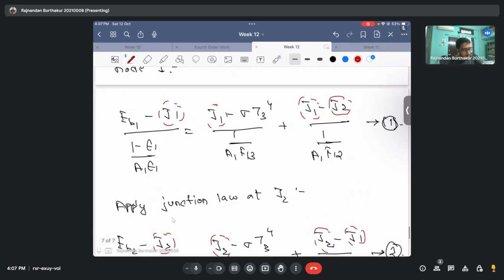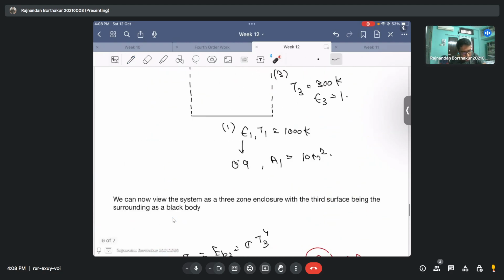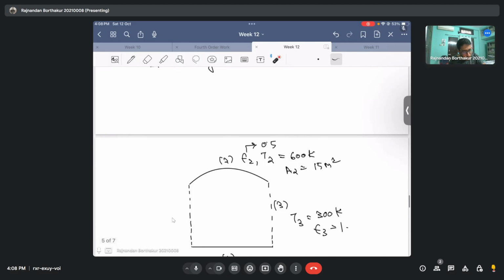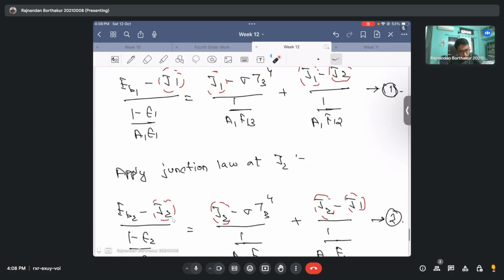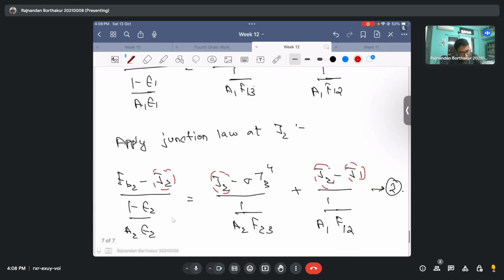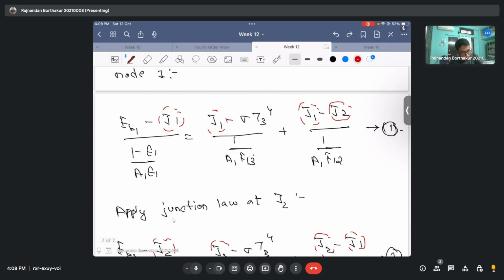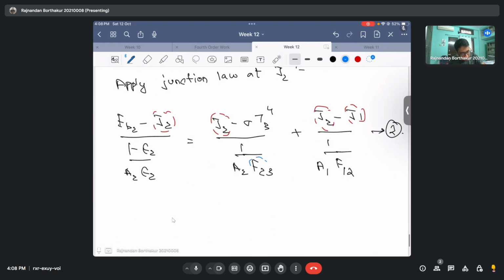But knowingly or unknowingly, we also have some more unknowns which we need to find out. And these unknowns are nothing but the view factors. We don't know the view factors apart from just one, which is F12, that is given in our case to be equal to 0.39. But apart from this F12, we don't know F13, and we also don't know F23. So this view factor I will circle with blue, because these things also we need to find out. So these things are also unknown.